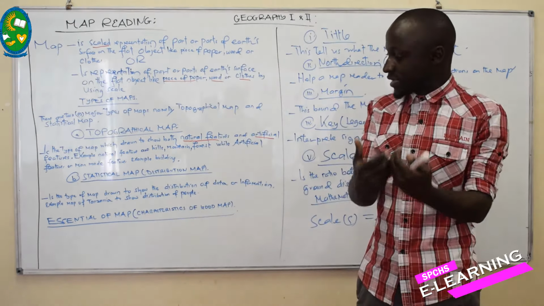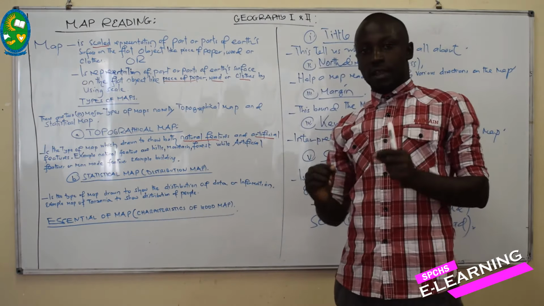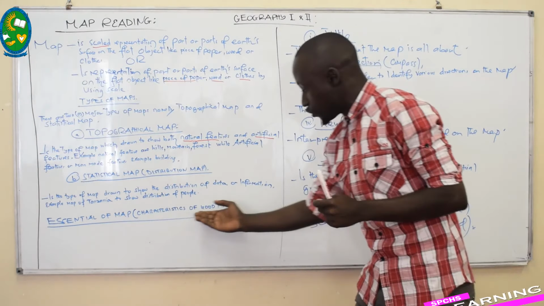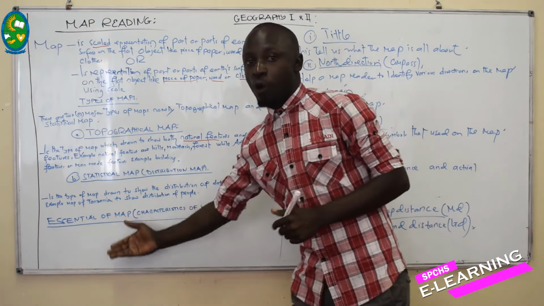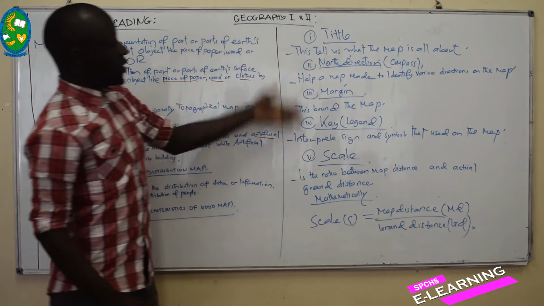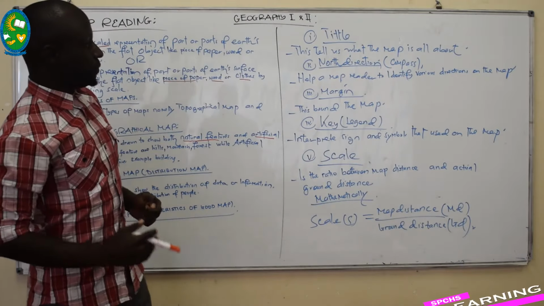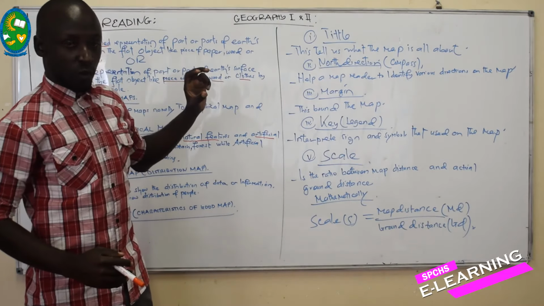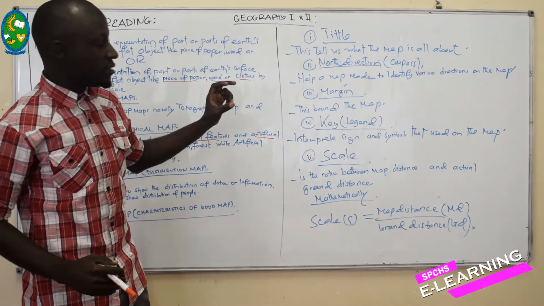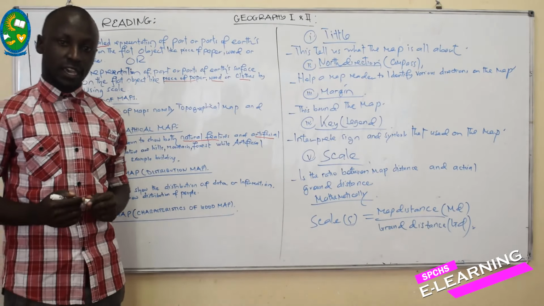As a student, you may be asked to mention essentials of map or characteristics of a good map. You must know that characteristics of a good map are also known as essentials of map. How many essentials of map do we have? We have many, but the major ones are five. Number 1 is title. Number 2 is north direction. Number 3 is margin. Number 4 is key or legend, and the last one is scale.